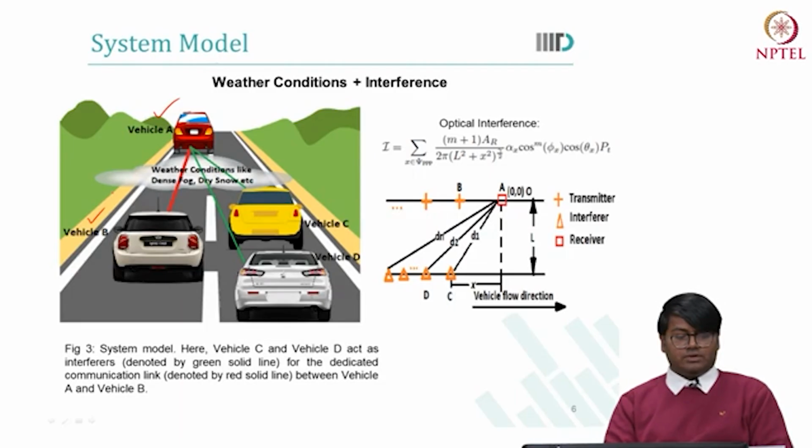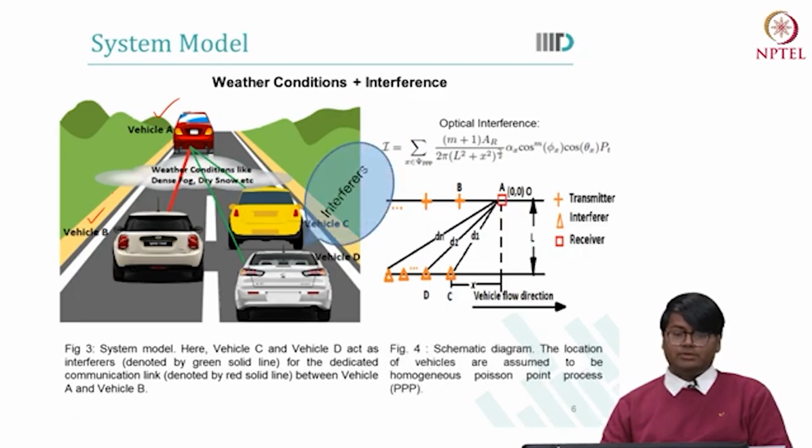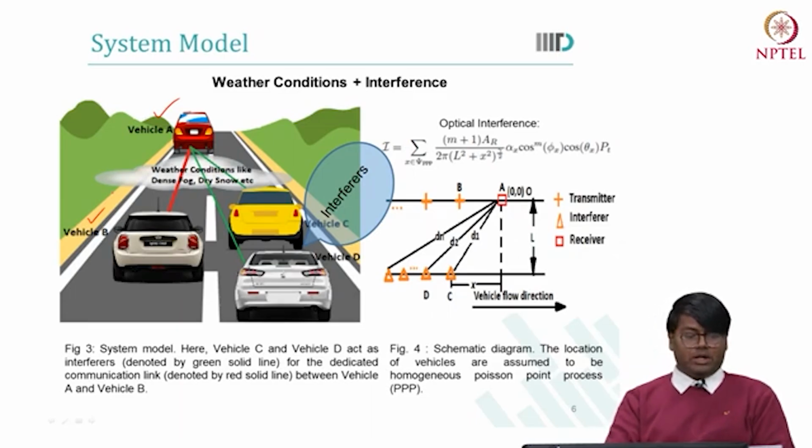So this vehicle A acts as a receiver in the presence of interferers. We have these interferers, which are nothing but vehicle C and vehicle D. These act as interference to our desired communication link between vehicle B and vehicle A. Now, a more generalized and simplified geometrical layout of the proposed scenario has been shown in this figure 4.